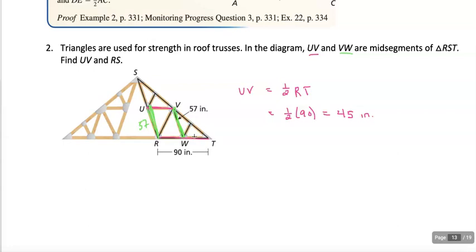Those two pieces are parallel and congruent, or equal. So if this is 57, then this is also 57. Then SR is just 57 plus 57, or 114 inches. And that'll be the whole piece there.